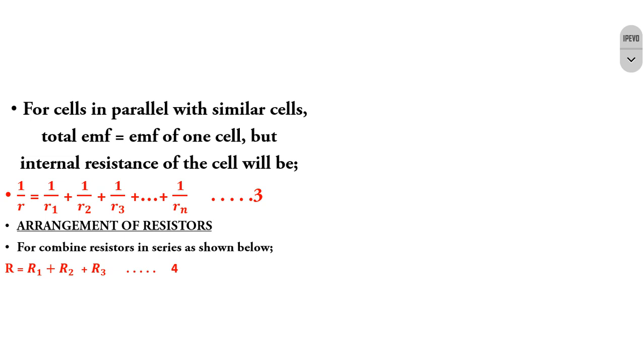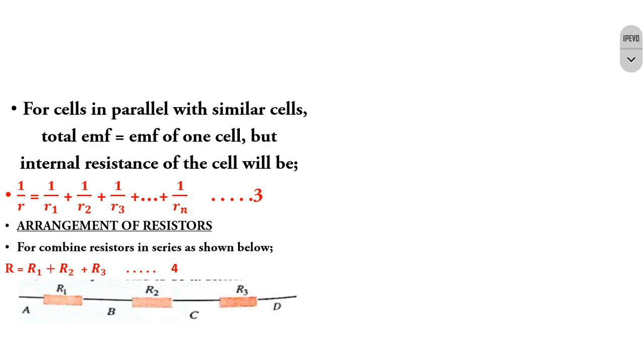If we have 2 resistors, then the expression would be R equals R1 plus R2. If we have more than one resistor, let's say up to 5, then we will also rewrite this expression, including the first resistor, second resistor, third resistor, fourth resistor, and fifth resistor, as the case may be.